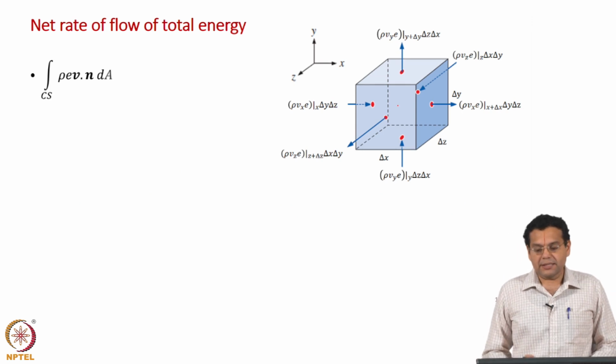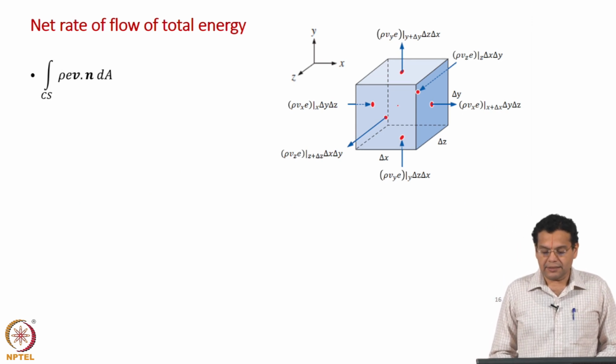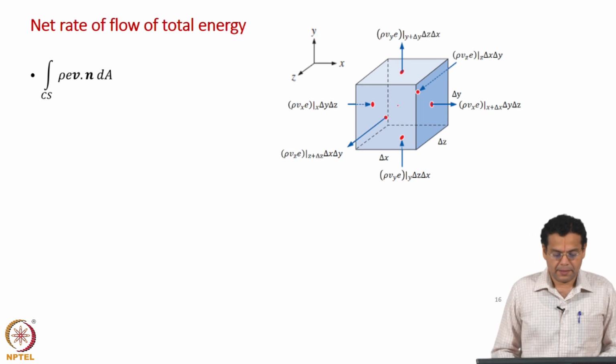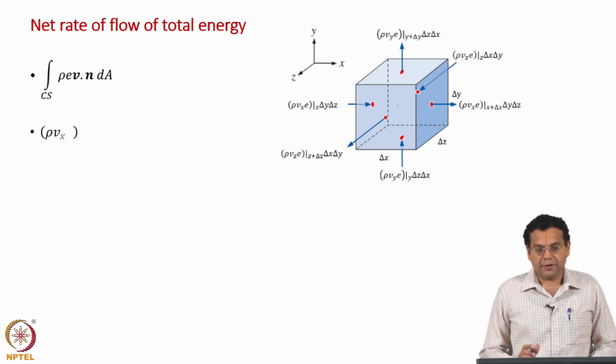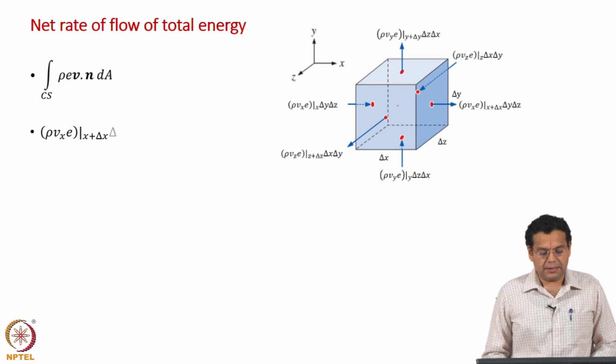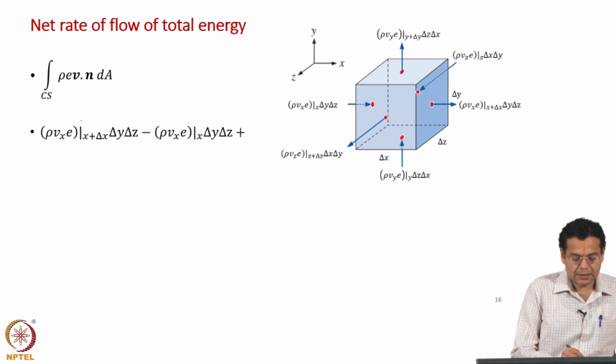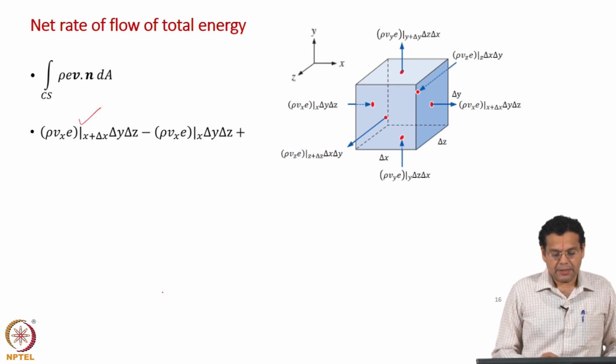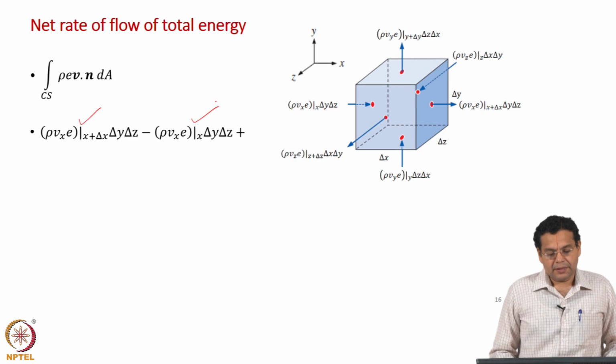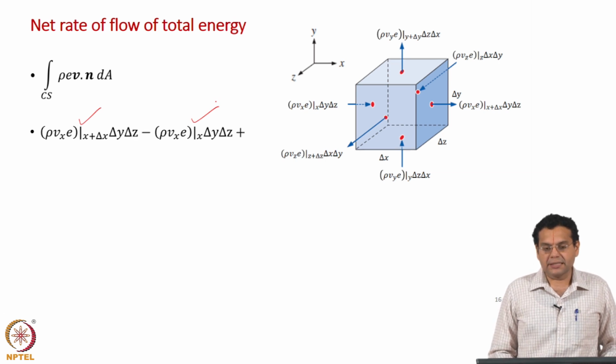So, now let us extend this for all the other 3 directions. What we have seen in the previous slide are these terms. Now, what does this represent? This represents rate of flow of energy leaving, and this represents rate of flow of energy entering.